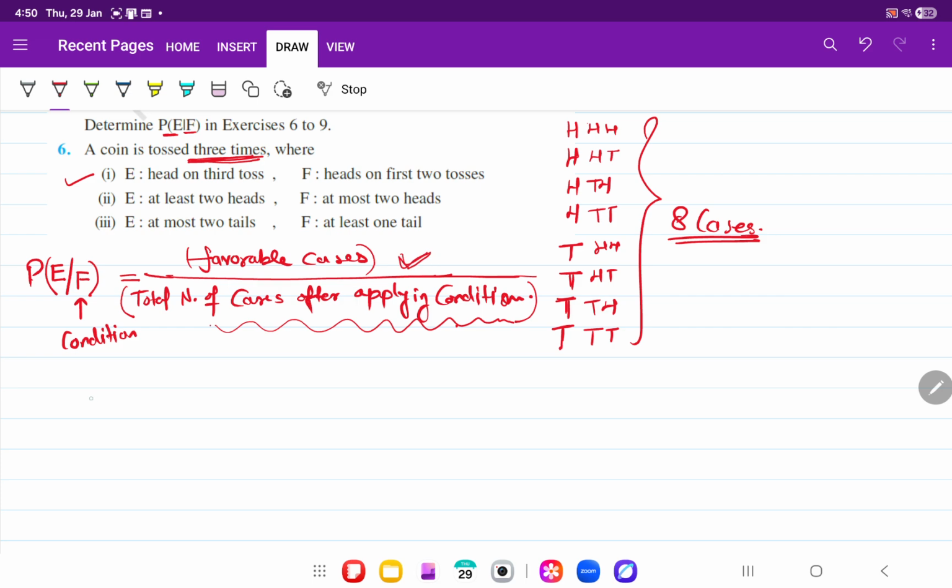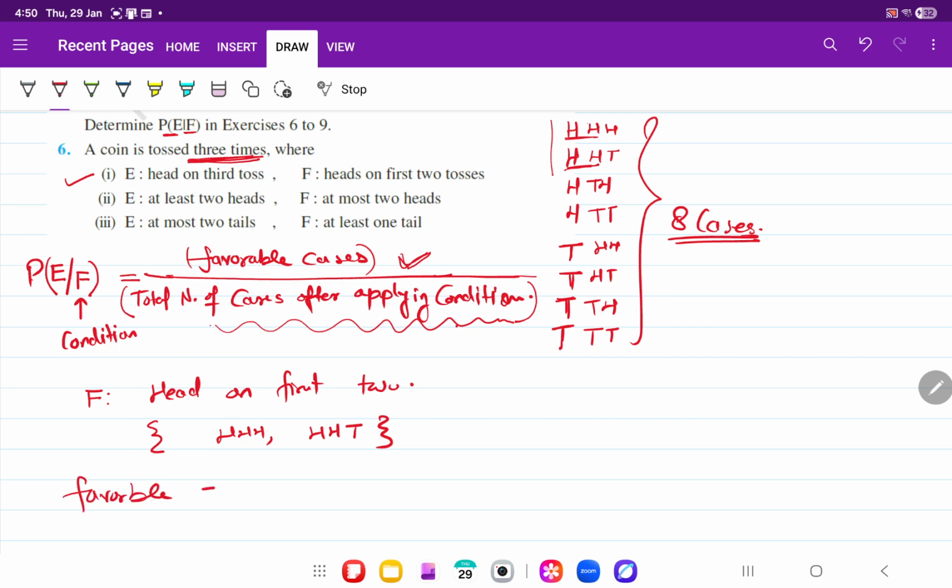So what is your condition? The condition is head on the first 2 tosses. After that, how many total possibilities are there? Head on the first 2, here and here, and that's it. Only these 2 are there after the condition. So only these 2 are total possible cases. Out of them, which one is favorable?